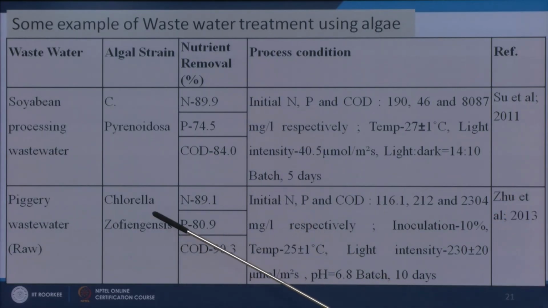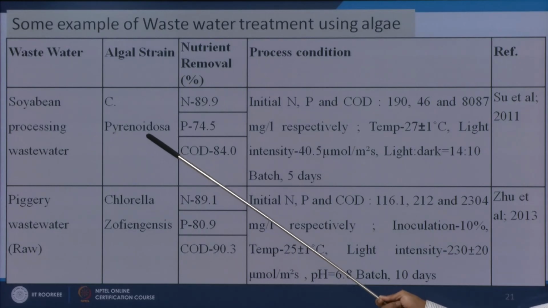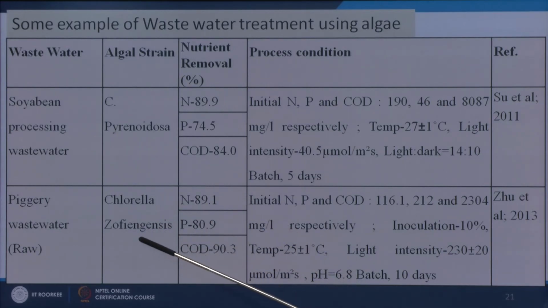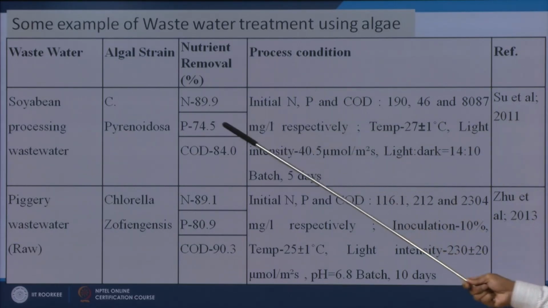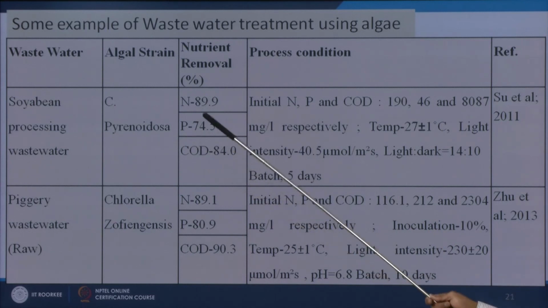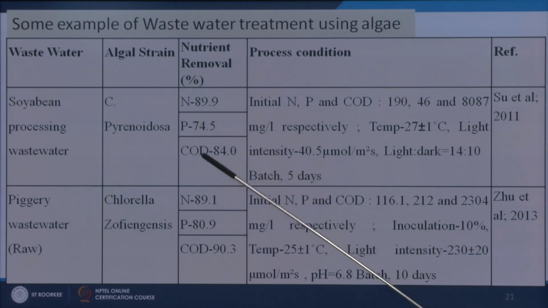Chlorella pyrenoidosa was the first case, and in this case Chlorella zofingiensis was used, and the initial nitrogen, phosphorus and COD concentrations were 190, 46 and 8087 milligram per liter respectively, where the nitrogen, phosphorus and COD removals were 90%, around 75% and 84%. So, similarly the information for this is also given here.